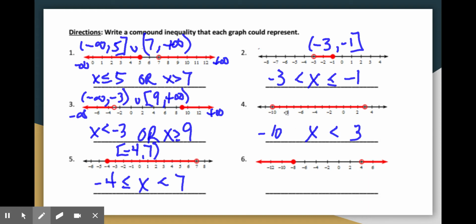And then we have these numbers here are larger than -10. So x is greater than, just greater than, -10, open circle again. So reading from right to left, x is greater than -10. So we have from -10 with a parenthesis, 3 with a parenthesis.